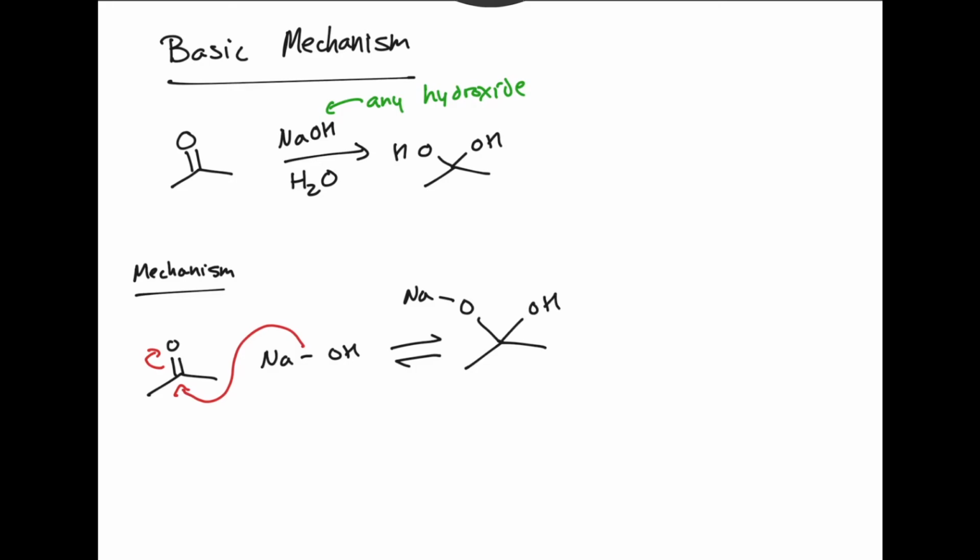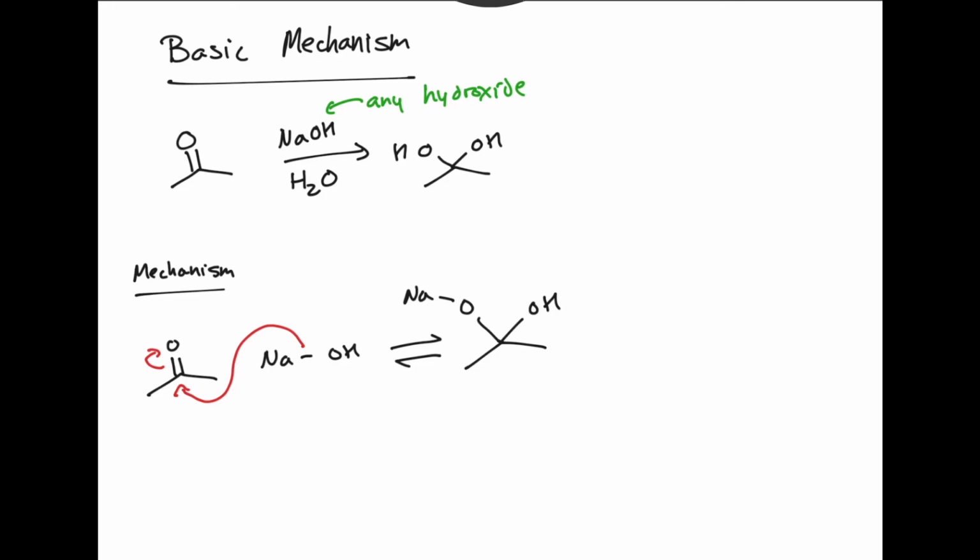When we add a hydride, H minus, or a carbon nucleophile like a Grignard reagent to a carbonyl carbon, that reaction only happens in one direction.